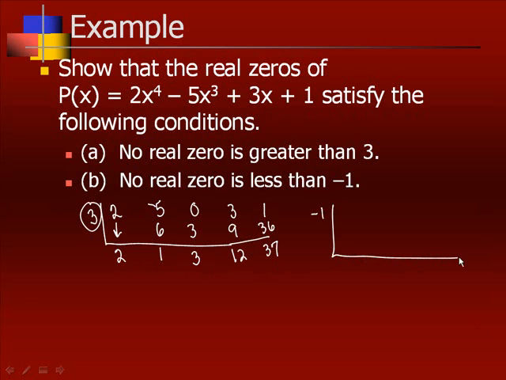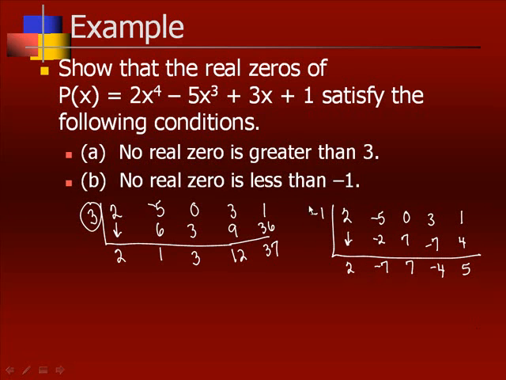If we do it for -1: 2, -5, there's no x squared, 3x, and 1. We drop our 2, so that would be -2, that's a -7. That would be a 7, that would be a -7, so that's a -4, that would be a 4, and that would be a 5.